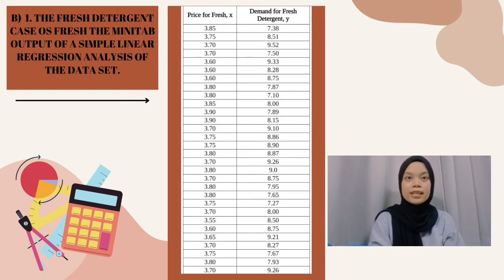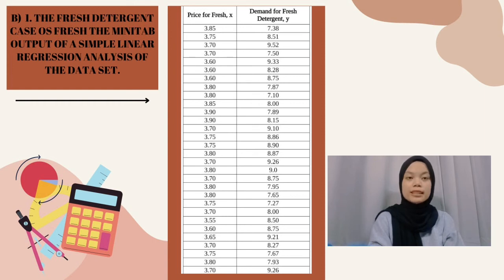Okay, the first one is 3.85 for the X and the Y is 7.38. The second is 3.75 for the X, and for the Y is 8.51. The third is 3.70, while the Y is 9.52.